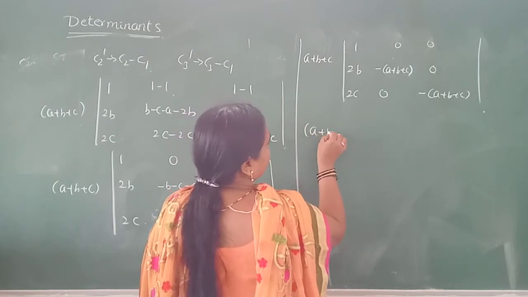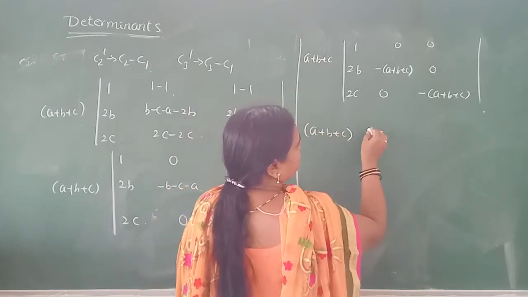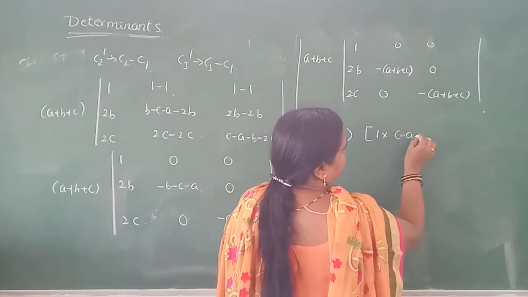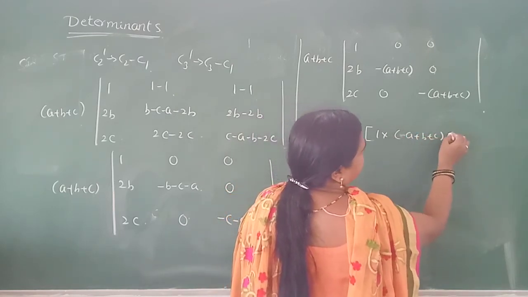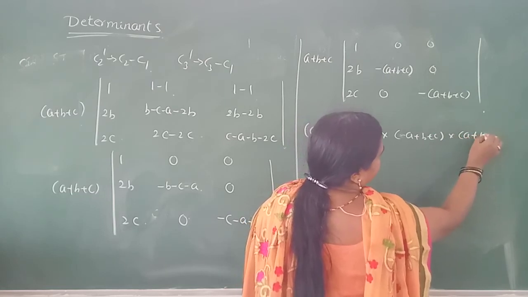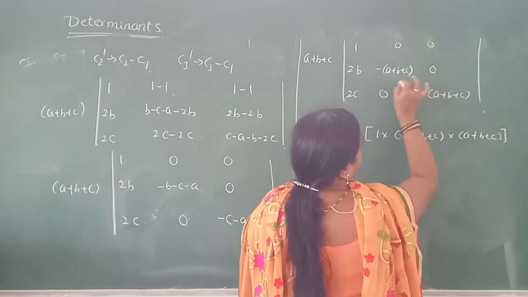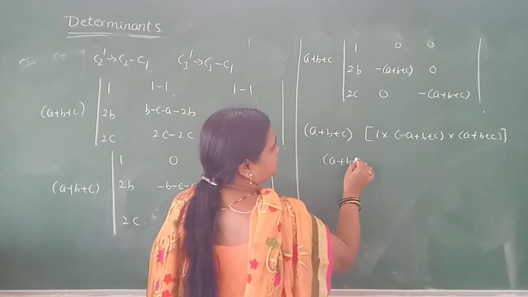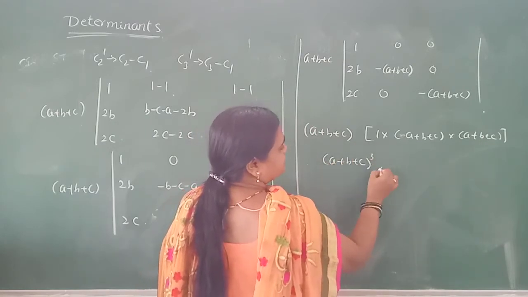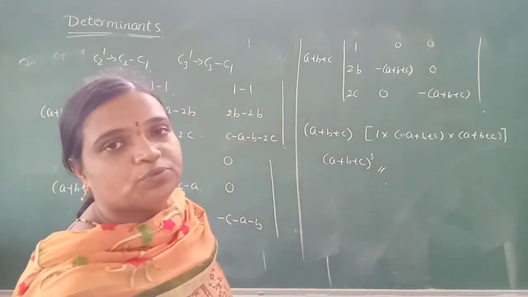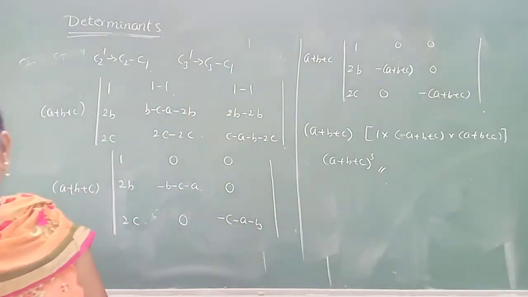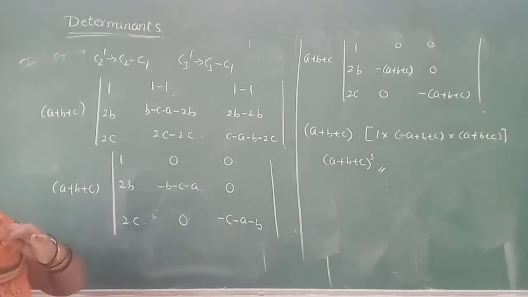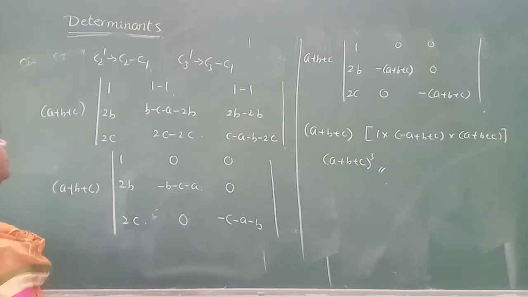Therefore, A plus B plus C. Okay, 1 into A plus B plus C into A plus B plus C. And minus into minus, what do we get? It is plus. Therefore, it is A plus B plus C. How many times do we get it? 3 times. Like this, we get the answer. Have you understood? In this form, we can do the example.